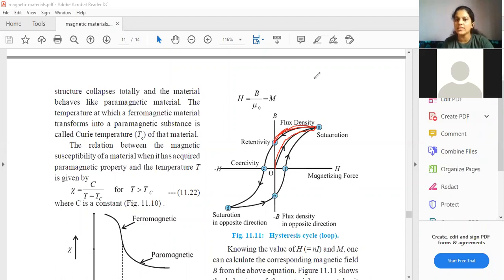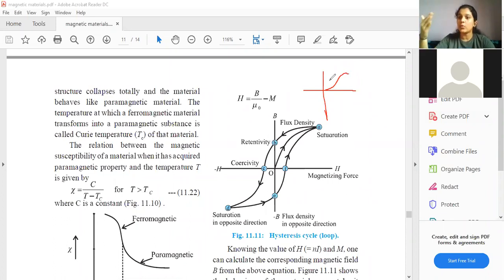If I have to draw this graph from scratch, students, at 0 there was nothing. So I am increasing the current. Increasing the current means I am increasing H. Because of that, my B is increasing. I'll start from here, and B will increase, and it will reach one point, that is saturation magnetization, where all my atoms' magnetic moments have been aligned. This is the first thing that we are doing.